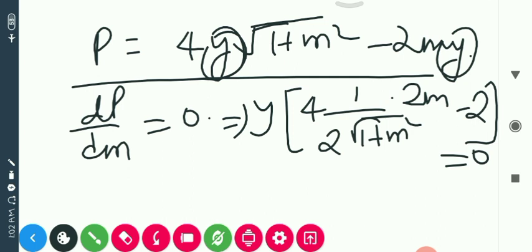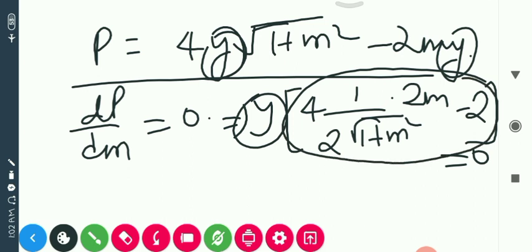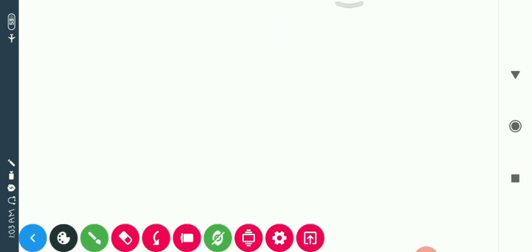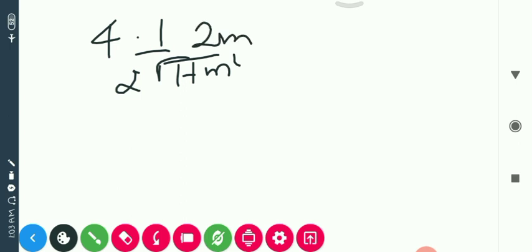Here y is not equal to 0, meaning the depth of flow is not 0, so this term must be equal to 0. So 4 into 1 by 2 under root 1 plus m square into 2m minus 2 equal to 0.